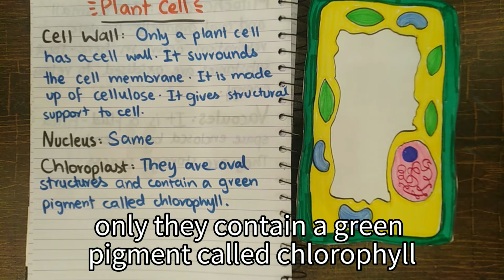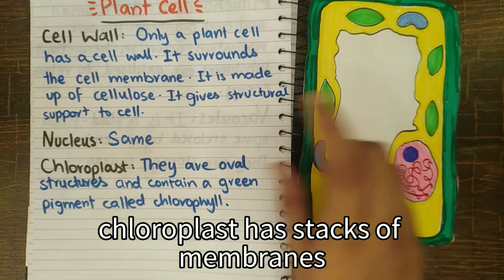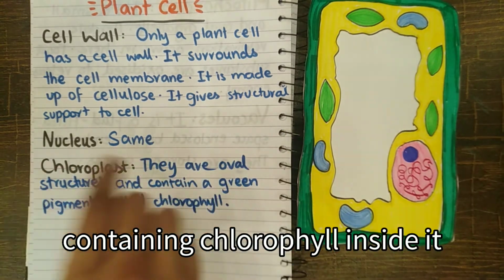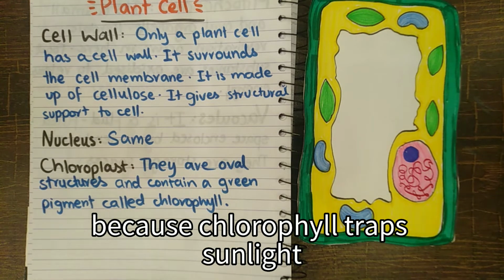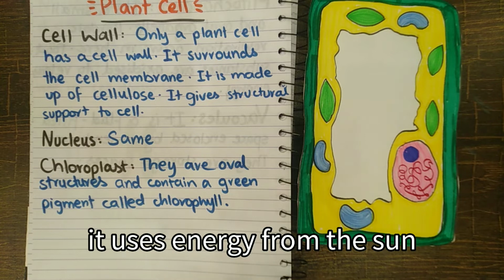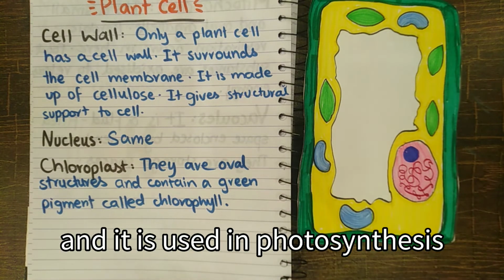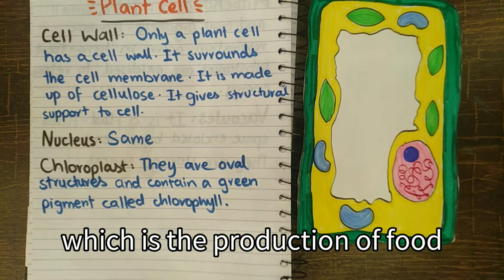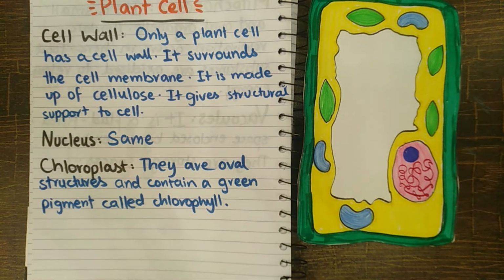They contain a green pigment called chlorophyll. So basically this chloroplast has stacks of membranes containing chlorophyll inside it, which are used for photosynthesis because the chlorophyll traps sunlight. It uses energy from the sun in photosynthesis, which is the production of food by the plant itself using light energy.